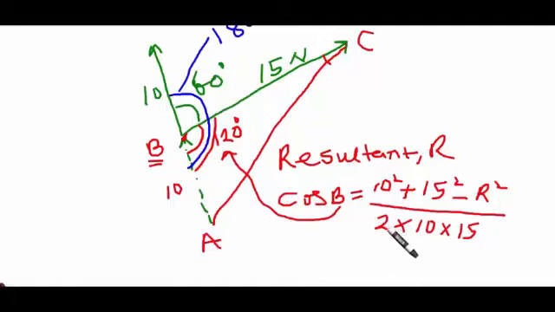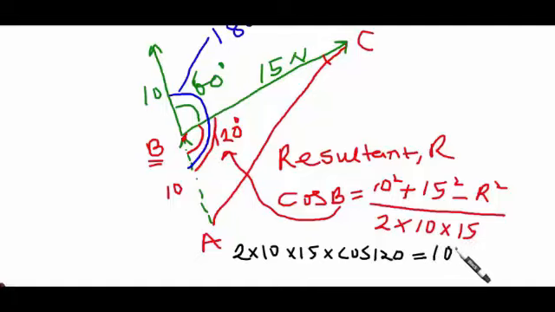We cross multiply here and solve for R. Cross multiplying will give us 2 times 10 times 15 times cos 120, and this is equal to our 10 squared plus 15 squared minus R squared.